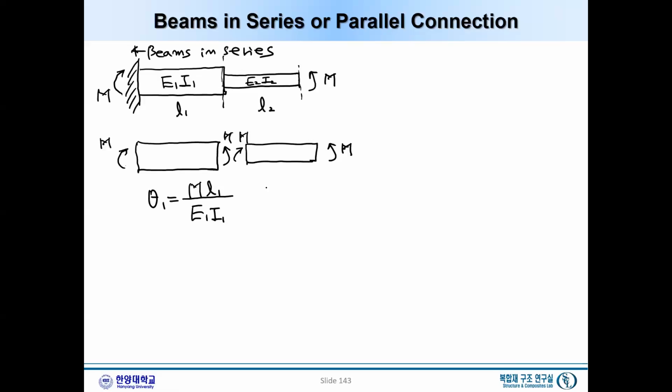And here the angle of rotation theta 2 is the moment times L2 over E2 I2.